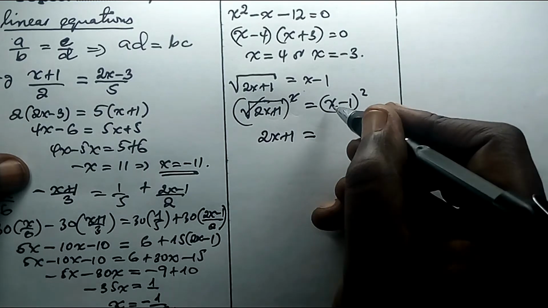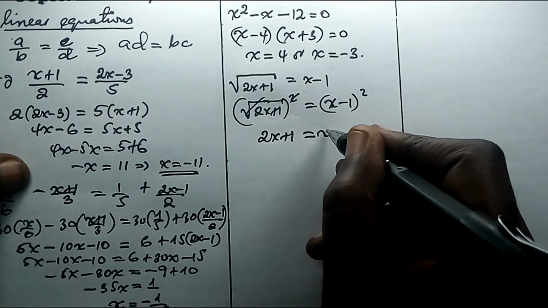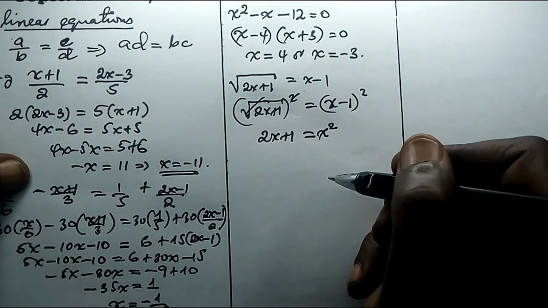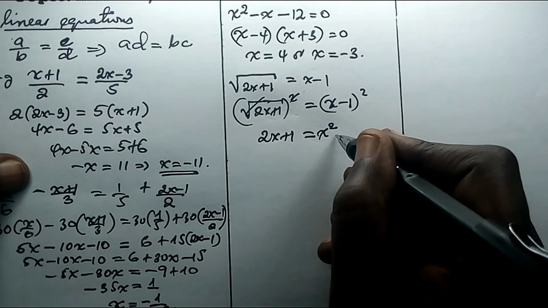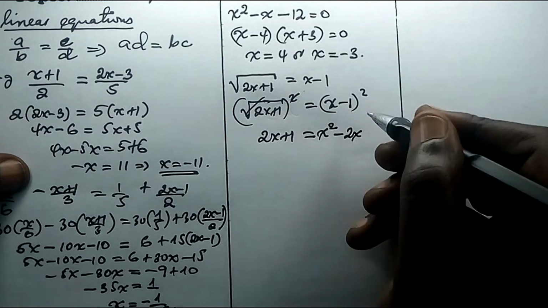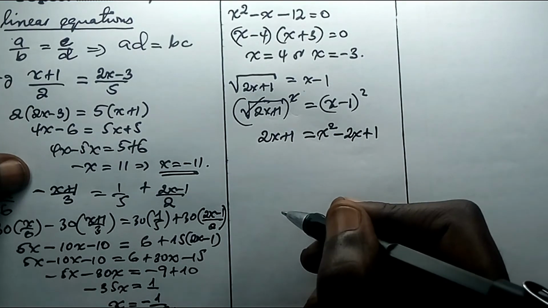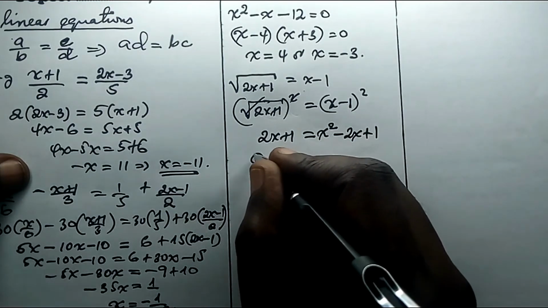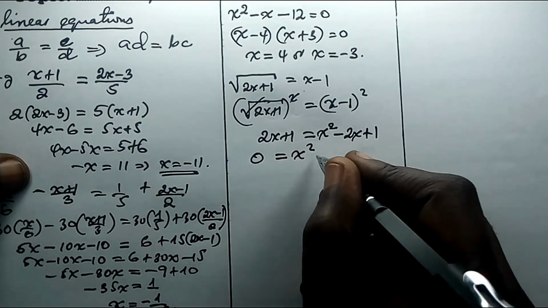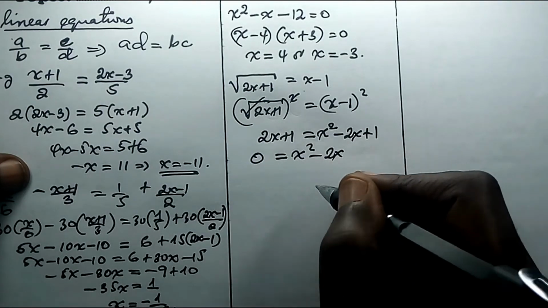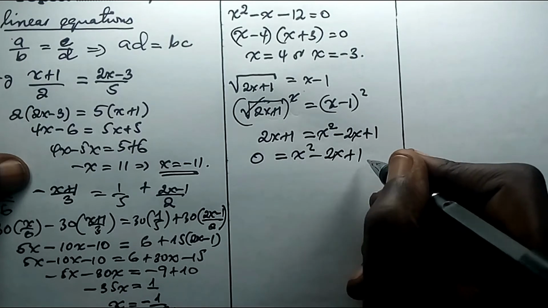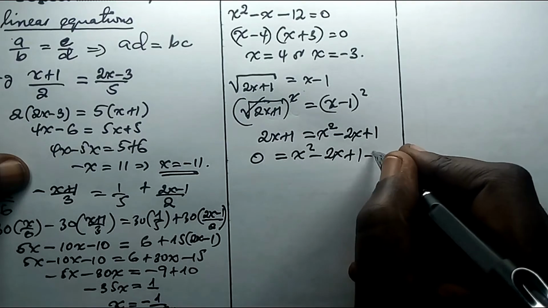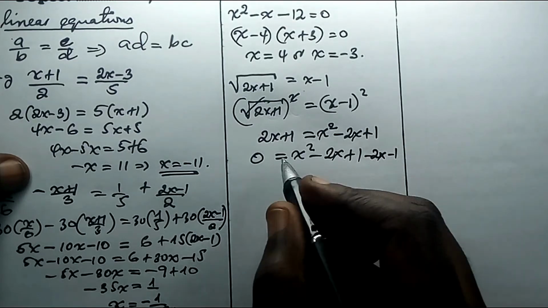So to square, I start by squaring the first term. X squared gives this. X times negative 1 gives negative x times 2 gives negative 2x, and then I square the last one, which is positive 1. If I send every term to the right, I will get that 0 equals x squared minus 2x, and then 1 plus 1, and then minus 2x, then minus 1.